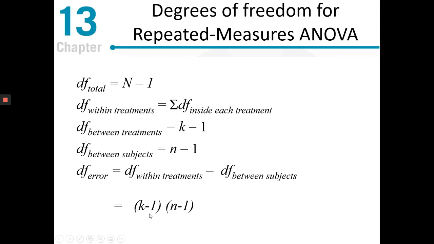Or you could do k minus 1 times n minus 1. So k minus 1 is 3 minus 1, which is 2, n minus 1 is 7 minus 1, which is 6, and 2 times 6 is 12. So it comes up with the same number. You can do one or the other. You don't need to do both unless you want to double check things.